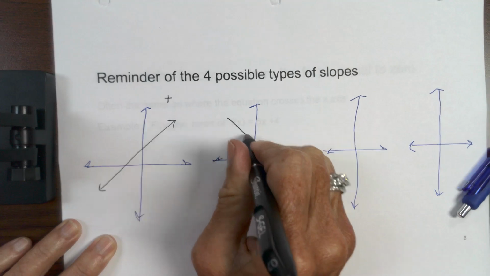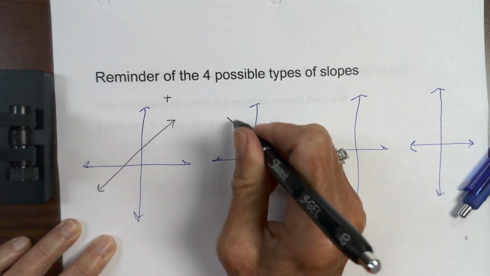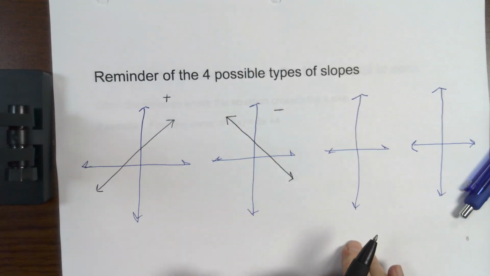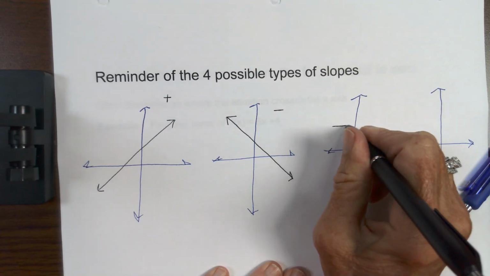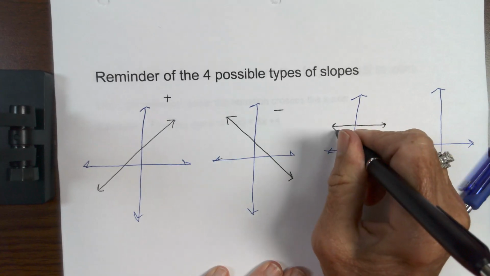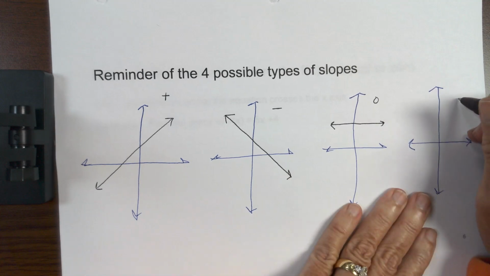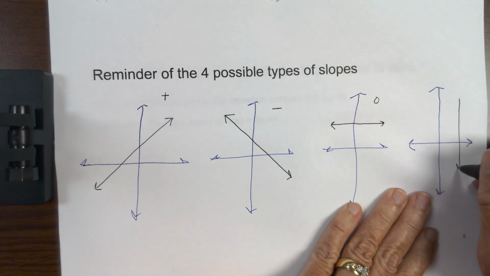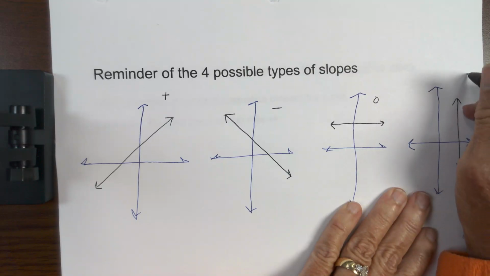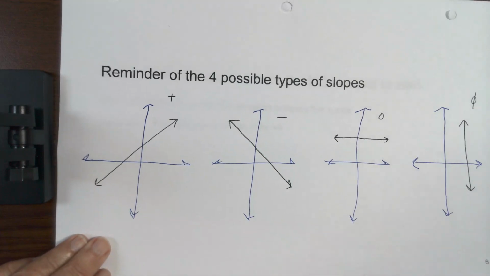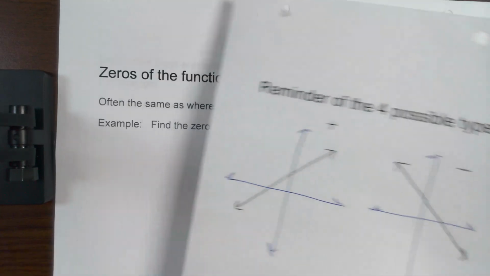If I have a line that's falling when I go from left to right, that's a negative slope. If I have a horizontal line, that's going to have a slope of 0. If I have a vertical line, that's going to have an undefined slope. Those are the 4 possible types of slopes you can have.